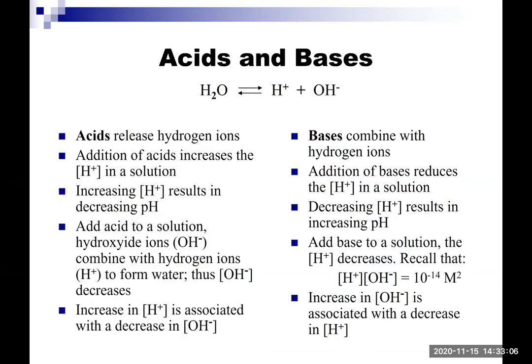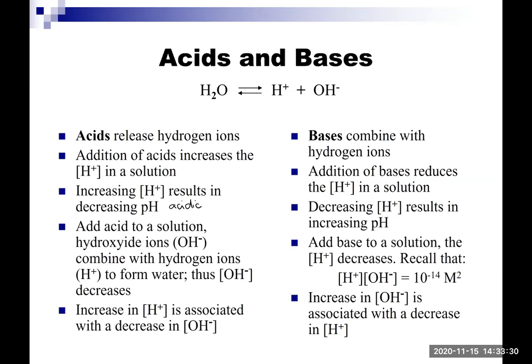So let's evaluate a little bit step by step these acids and bases. Acids release hydrogen ions, and the addition of acids is going to increase those hydrogen ions in solution. Increasing hydrogen ions decreases the pH because the solution becomes acidic.